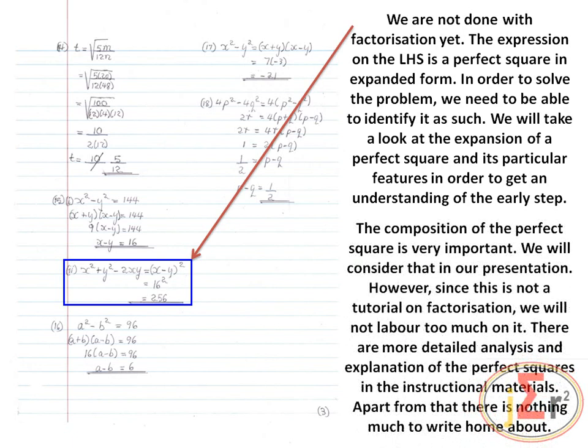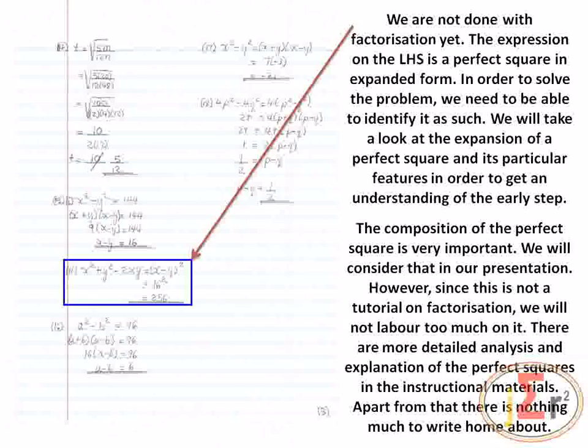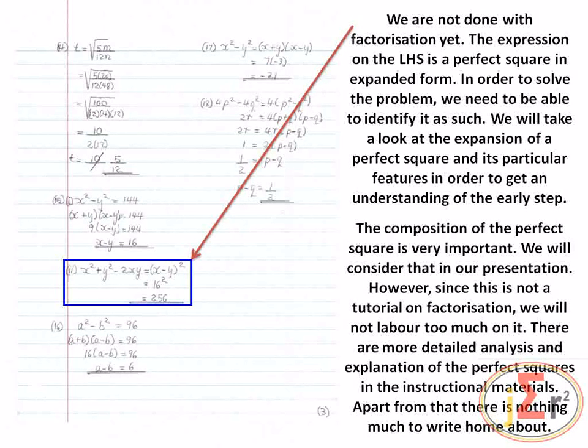The composition of the perfect square is very important. We will consider that in our presentation. However, since this is not a tutorial on factorization, we will not labor too much on it. There are more detailed analysis and explanation of the perfect square in the instructional materials.